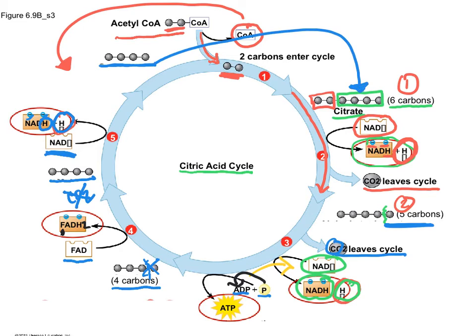So it will be this 4-carbon compound that gets added to that 2-carbon compound to create citrate again. So you see how this is a cycle. It just keeps spinning. As long as there is acetyl coenzyme A present, this citric acid cycle will continue.